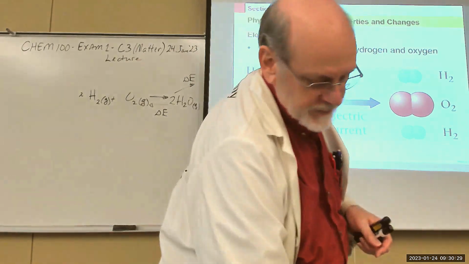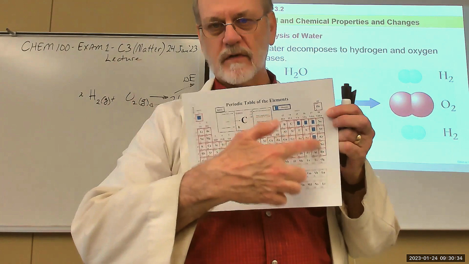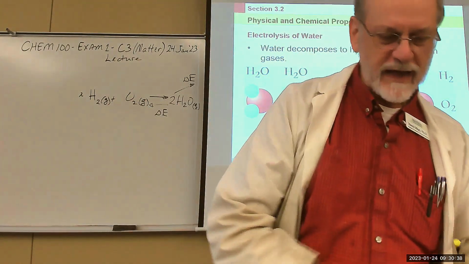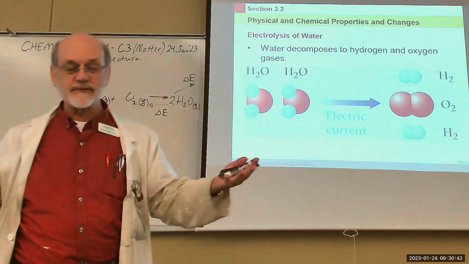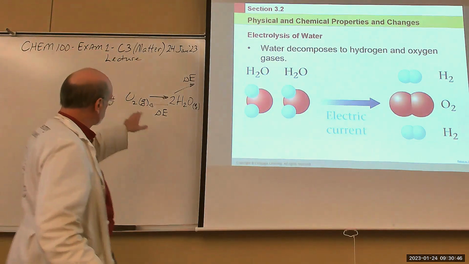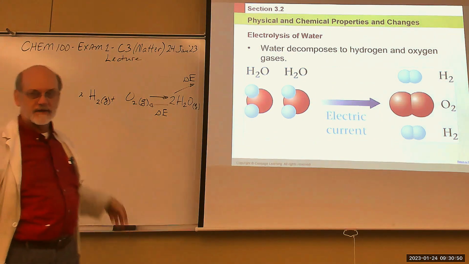And you'll also notice that some of these have blue highlights, over here and hydrogen. Those that have blue highlights, under room temperature and 1 atmosphere conditions, are always diatomic. That's why I write oxygen O2 and hydrogen H2. They are diatomic.